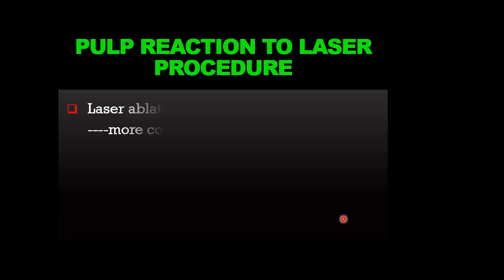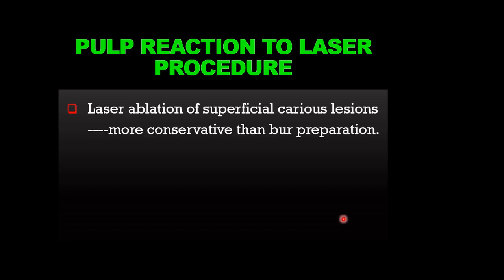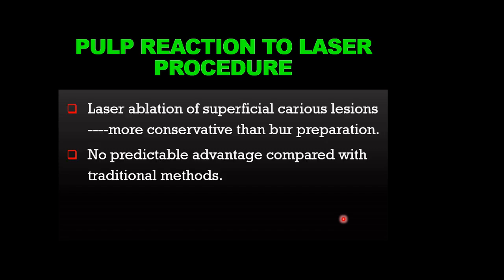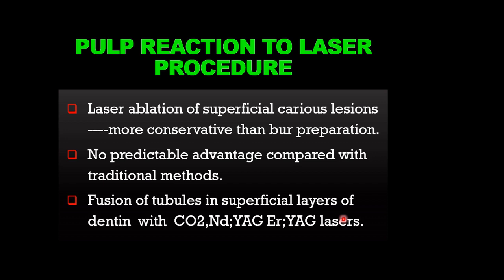Now coming on to the pulp reaction to laser procedures. Laser ablation of superficial carious lesions is more conservative than bur preparation, but no predictable advantages have been seen as compared with the traditional method. In the case of carbon dioxide and erbium YAG lasers, fusion of the tubules in the superficial layers of dentin can be seen.